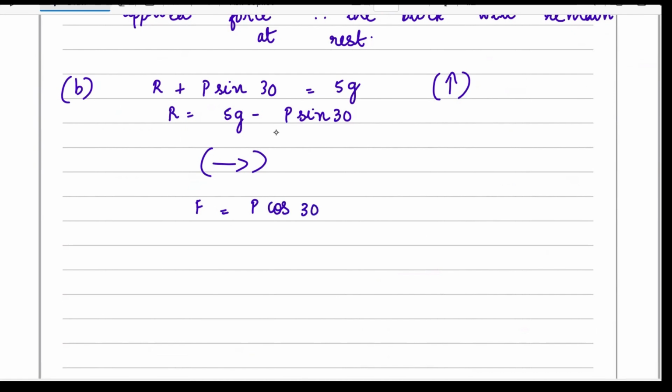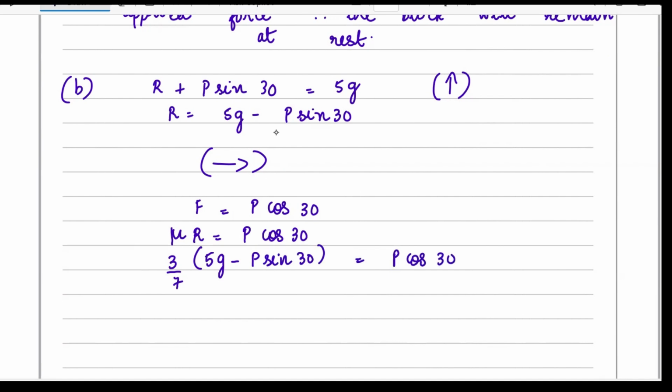Now, F, we know it is the frictional force. So frictional force is mu into R. Mu R is equal to P cos 30. Now, mu will not change, it will be 3 by 7. And R, we know it is 5G minus P sine 30, equal to P cos 30.